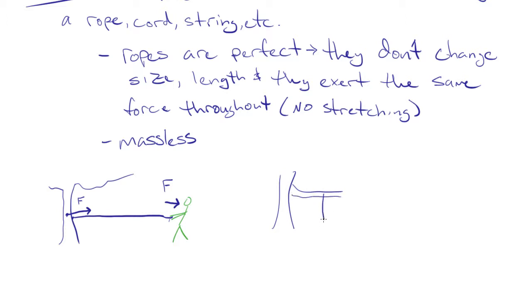So here's the rope. I'm pulling on the rope downwards with force F. And the question is, what is the force on the tree? In the massless world, the force on the tree is F.